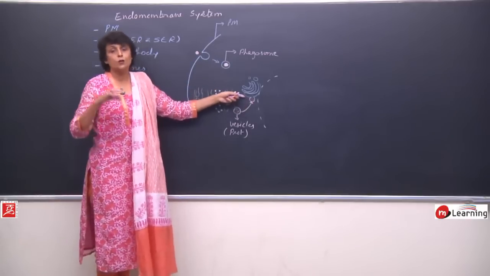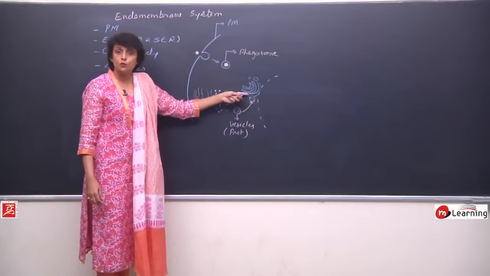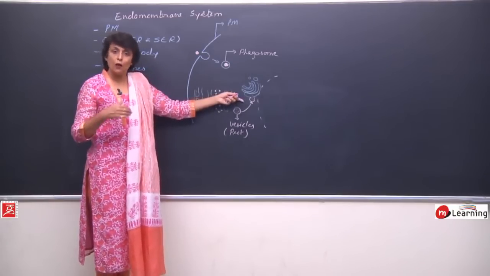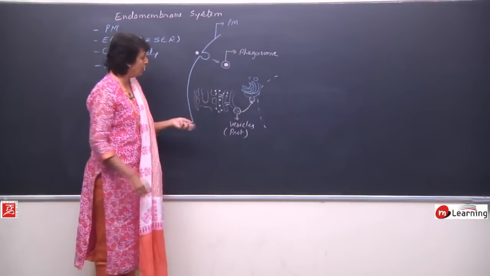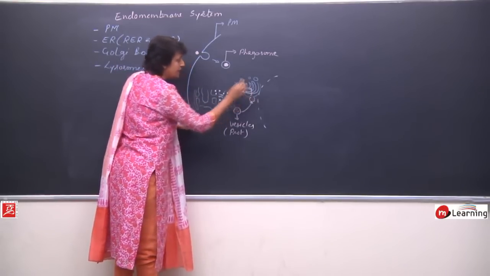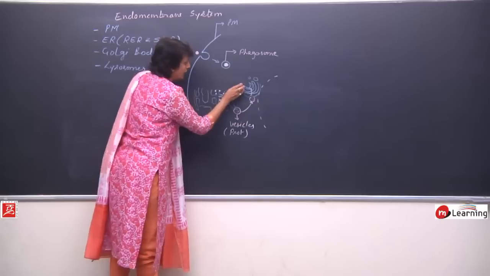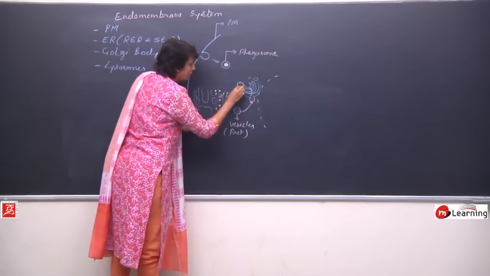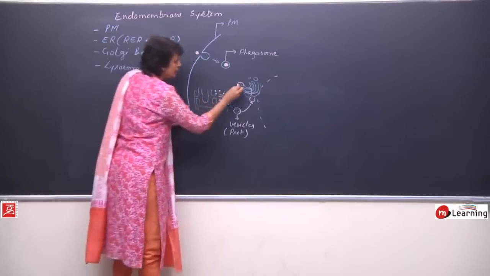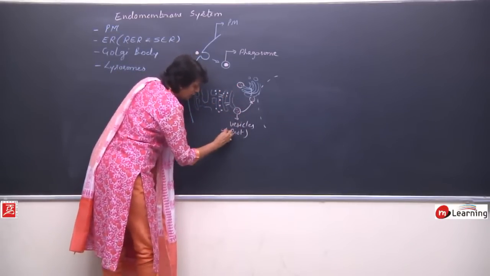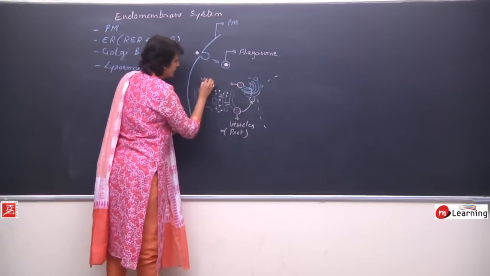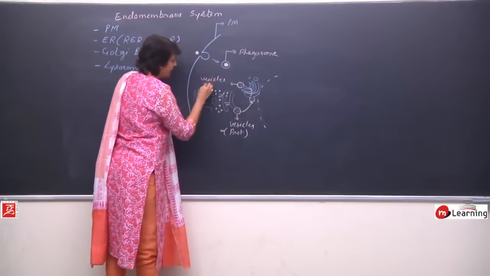If this protein is to be converted into something else, those changes will also take place in Golgi body, like glycosylation. Glycosylation means addition of oligosaccharides to the protein molecules. Now all those transformational changes take place here, and the protein is converted into enzymes now. So here in these vesicles was simple protein which was not acting as enzyme. Now these vesicles have enzymes.